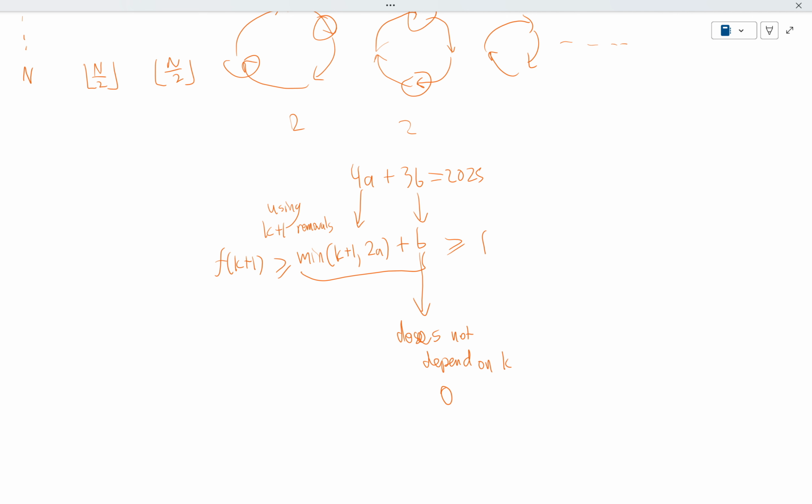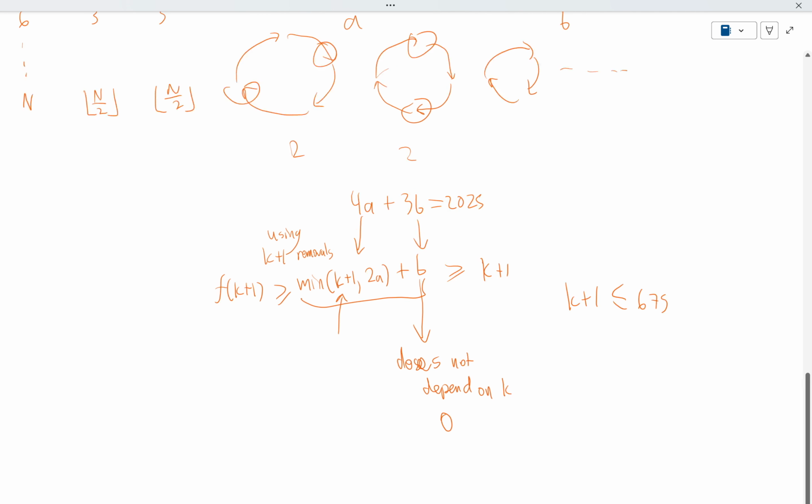And that means that f of K plus 1 is at least K plus 1, because you're always going to pick this one, right? Because if B is super low, that means A must be super high, and that means A must not be the minimum. And this works given that K plus 1 is no more than 675.